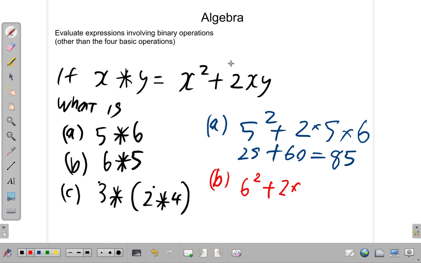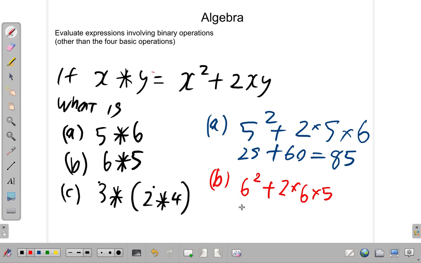X is in this position, is 2x. 6 in this position is going to be 2 by 6 times y. Y and 5 are in the same position. So y is what you multiply by x here. 5 is what you multiply by the 6. So it's 5 that comes at the end. The y goes at the end of this part. 5 comes at the end of this part. You follow the same pattern.